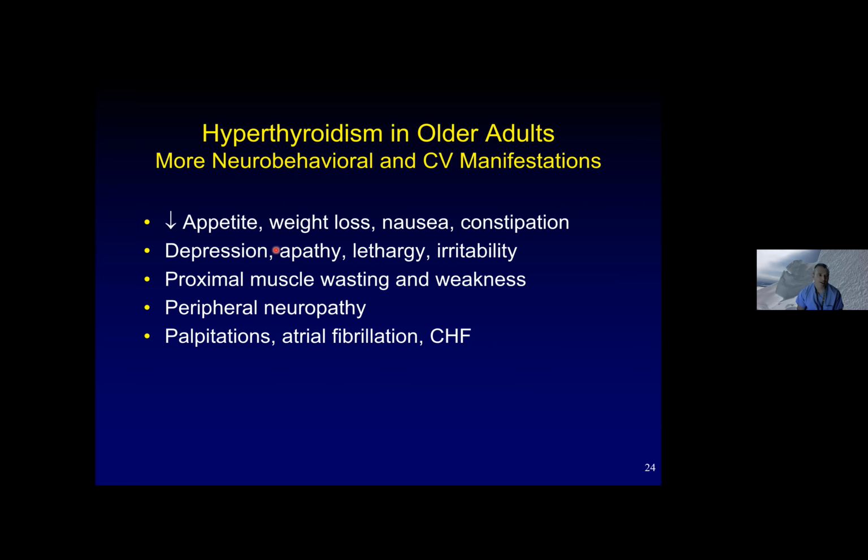Proximal muscle weakness and wasting, peripheral neuropathy, palpitations, AFib, and CHF. You notice that some of these things like depression or the weakness and fatigue are present in both hyper and hypothyroidism. And that's why it's important to get a lab evaluation in order to guide our diagnosis and our treatment.